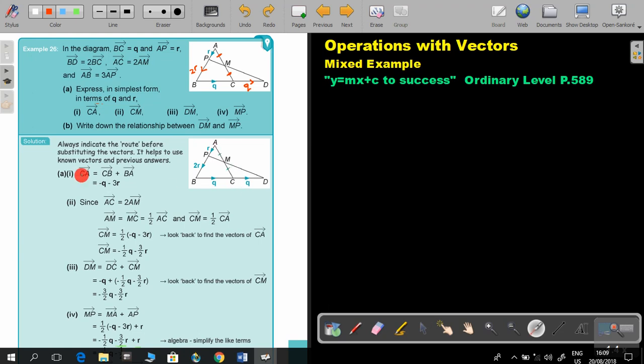And remember, I already have CA. So if I want to find CM, it's just half of CA. So just substitute CA in there and then multiply it in. So it's negative a half Q and negative 1.5 R. Okay, then the next one, DM.